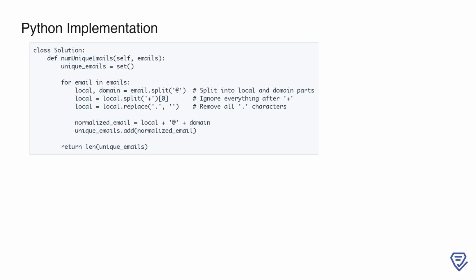This normalized email is then added to the unique_emails set. After processing all the email addresses, the function returns the size of the unique_emails set, which represents the count of unique normalized email addresses. The algorithm is efficient, as it processes each email in linear time and leverages the set data structure for fast membership checks and insertions.